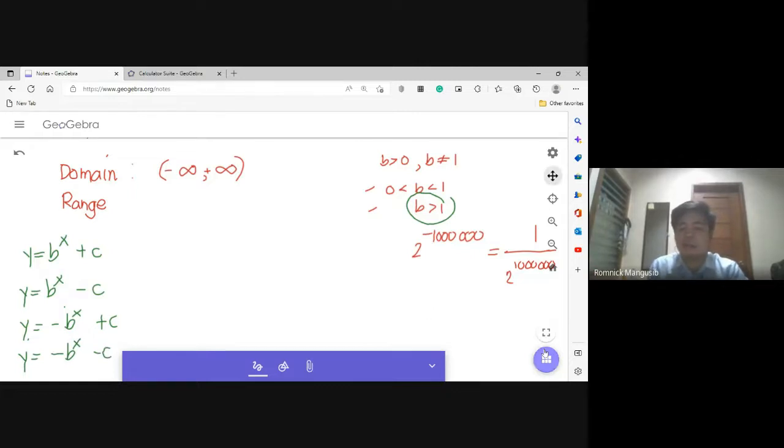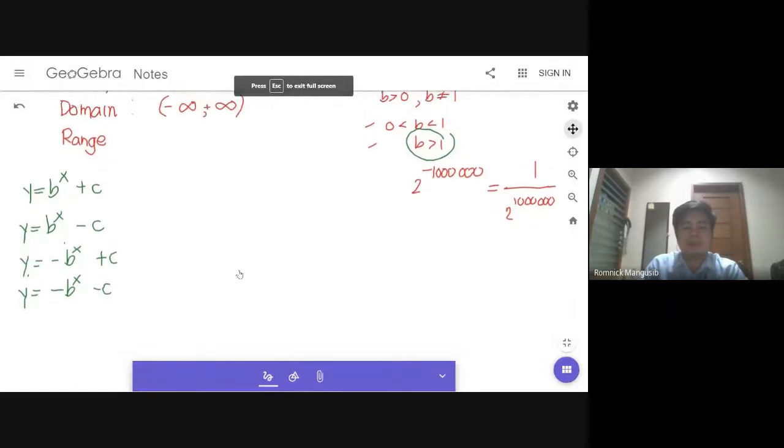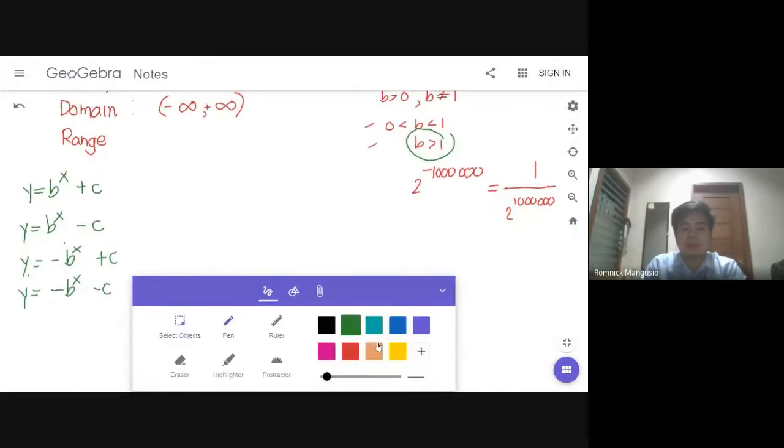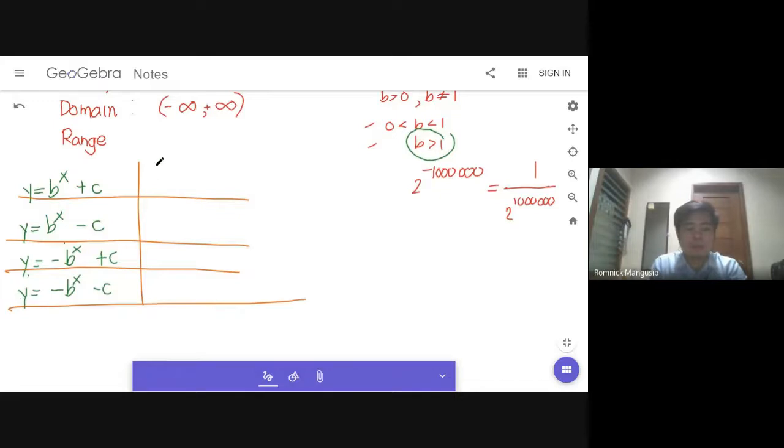Okay? If it happens na nakita mo yung ganyang pattern dun sa sinusolve mo, no? Ang magiging result nito is ang range. So ang range nito, no? Kapag nakita natin na positive b ito, positive b raised to x, paakyat ang values ng y.